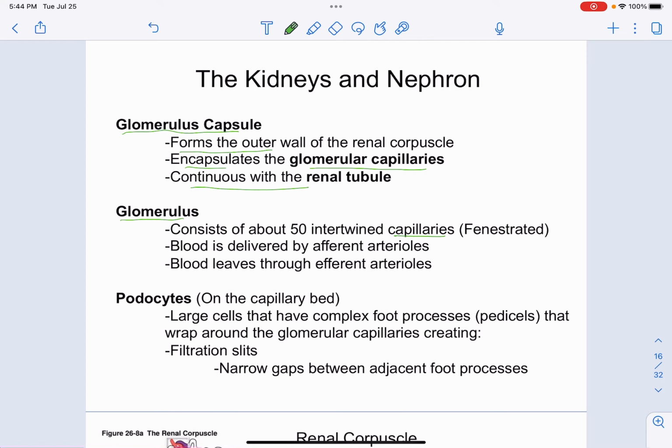Blood is going to enter the glomerulus through an afferent arteriole, afferent meaning arriving, and then it's going to get filtered in the capillary. Things are going to exit out of that capillary system, but whatever's remaining, the blood that's now been filtered, is going to then leave the glomerulus through the efferent arterioles.